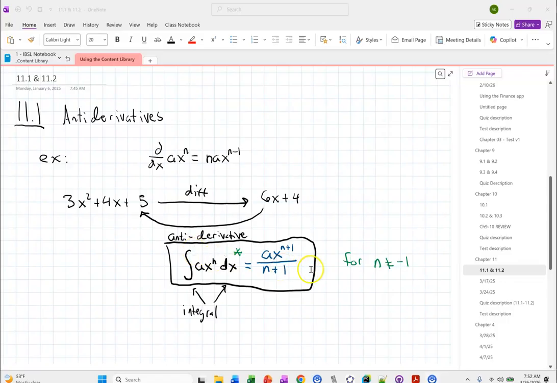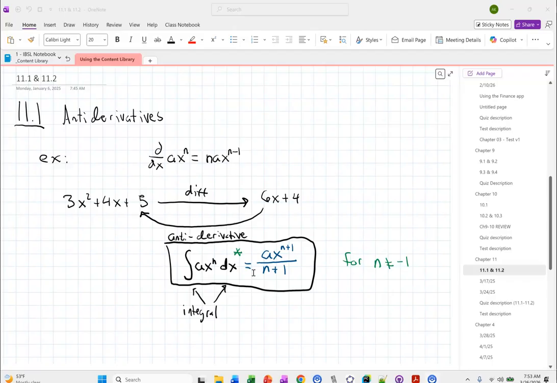But the formula that you need is that if I want to find the antiderivative of ax to the n, I'm going to add 1 to the exponent and then divide by the new exponent. Just like to do the derivative, we multiply by the exponent and then subtract 1 from the exponent, right? Everybody's okay there?